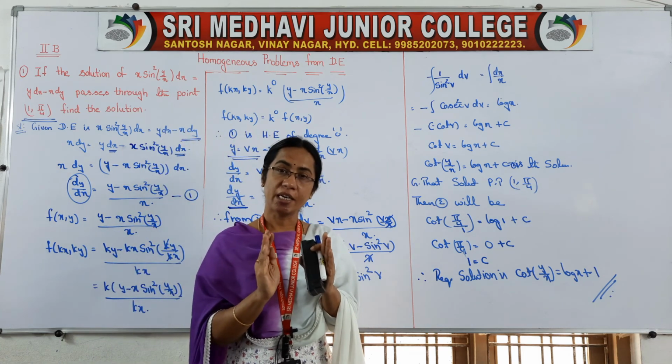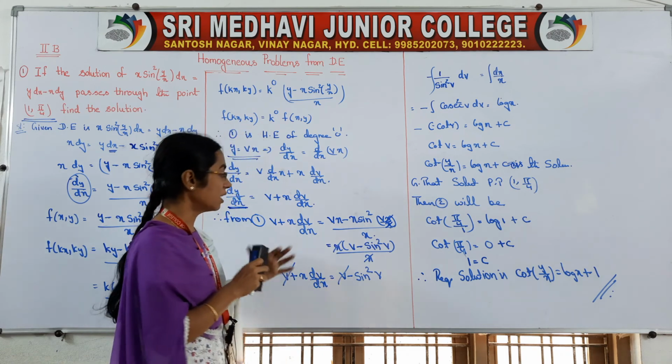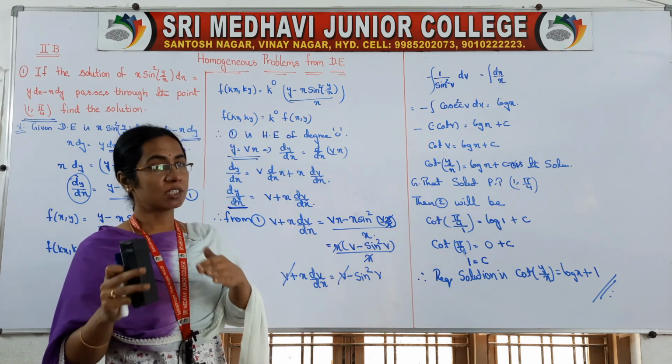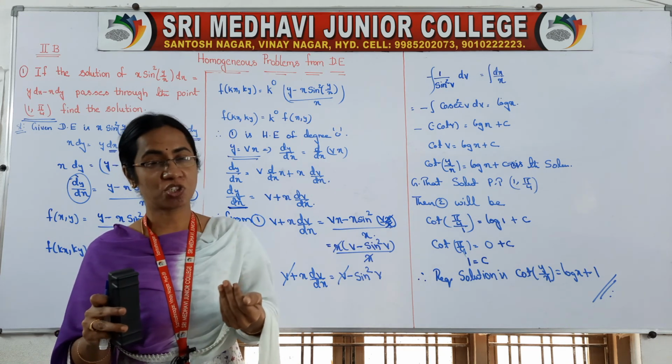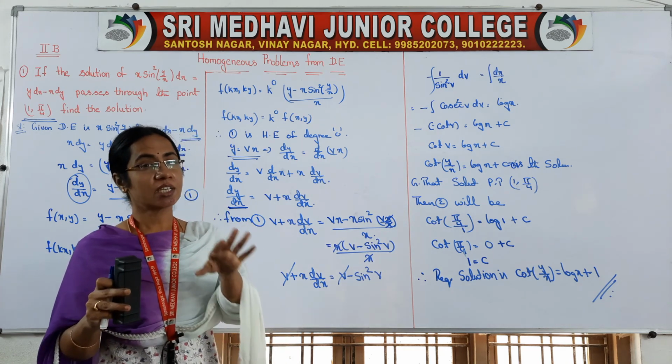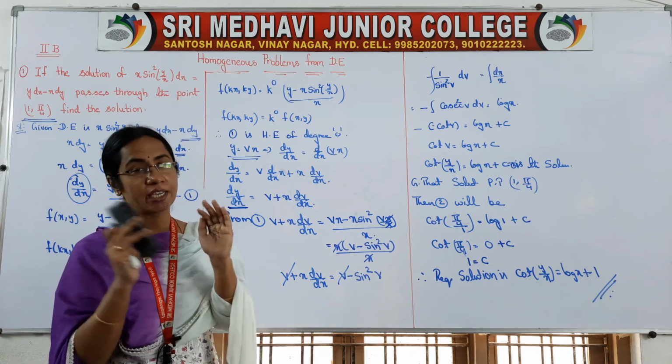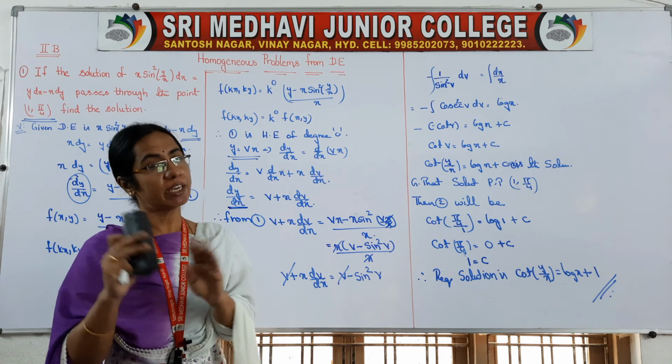That means at the end it will have dv and dx terms. There will be no y terms. So after the substitution of y is equal to vx, your problem will be in terms of x and v only: x terms, v terms, dv, dx.